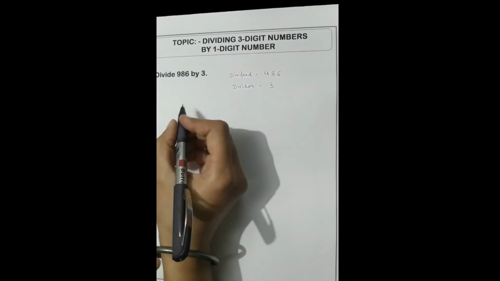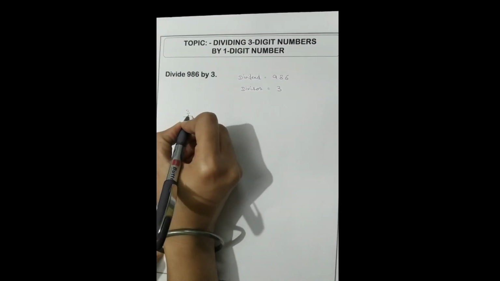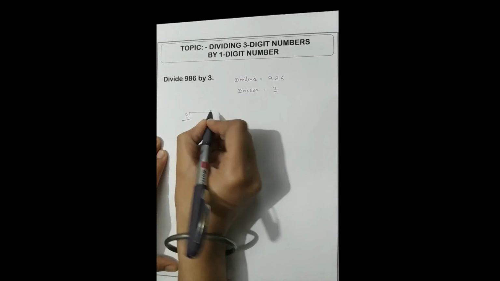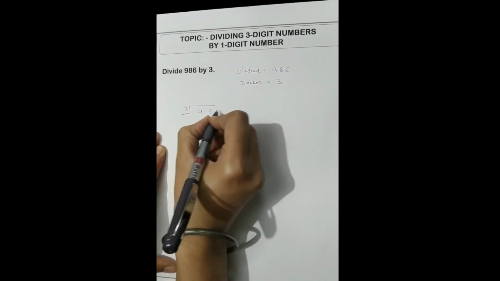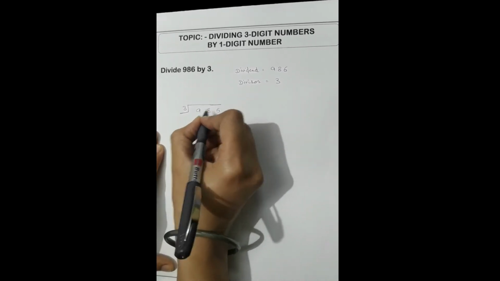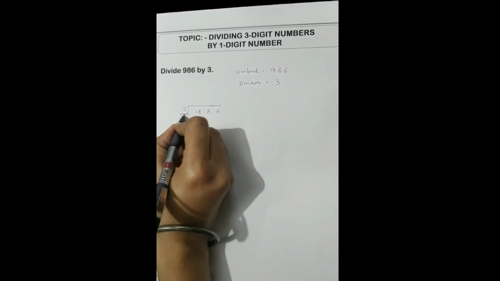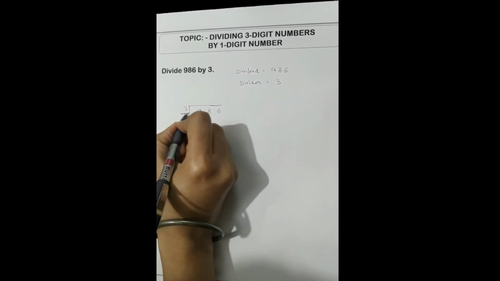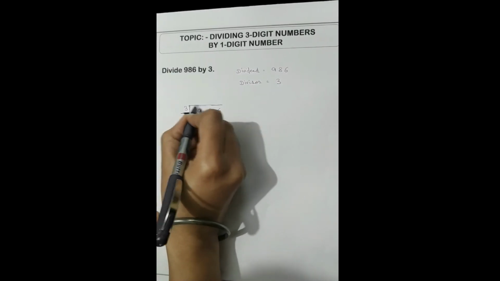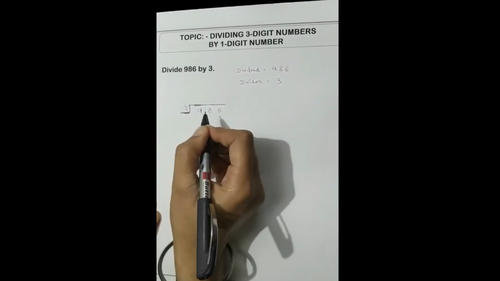Ones, tens, hundreds. First of all, write it in the same way. Okay, let's start.